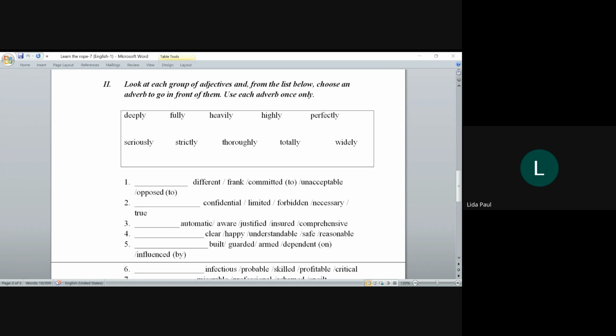Totally different is fine. Totally frank is fine. Totally committed to, is it okay? That's also okay. Totally unacceptable, fine. Totally opposed to is also a possible combination.